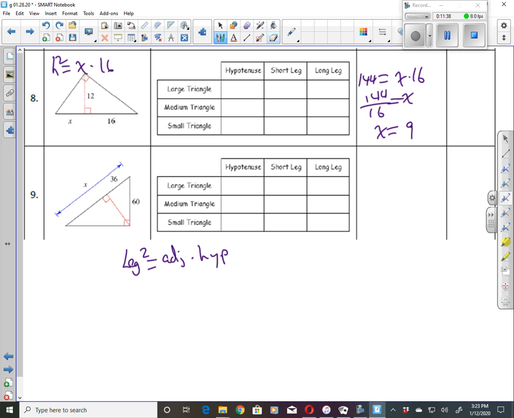So if that's the case, 60 squared is equal to 36 times x. 60 squared is 36 with two zeros on it. 36x. That's supposed to be a 36 right there. If I divide both sides by 36, we end up with x is equal to 100, and we're done.